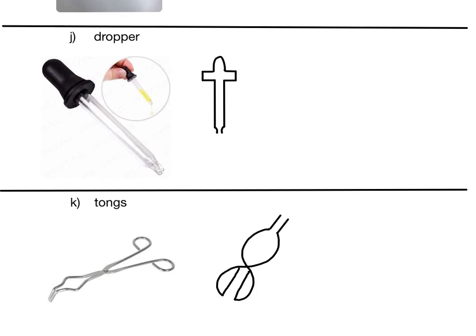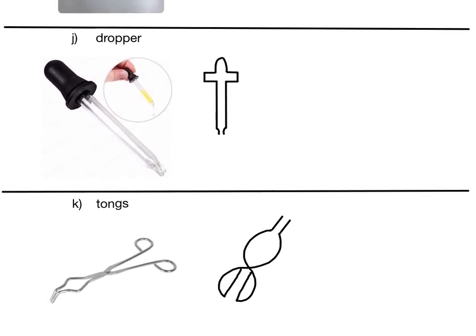Okay, next one, the dropper. With the dropper you have to pay attention, because they have different types of drawing when you refer to the dropper of the dropping bottle. Again, for the dropper, use a ruler to draw the parts that you can draw with straight lines.